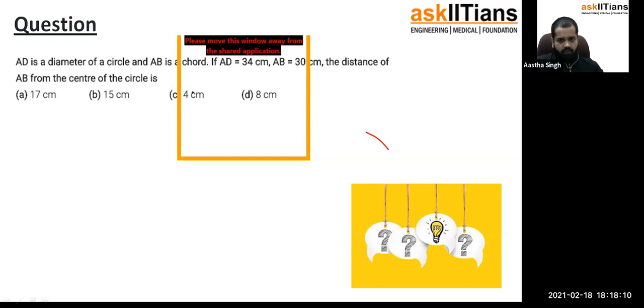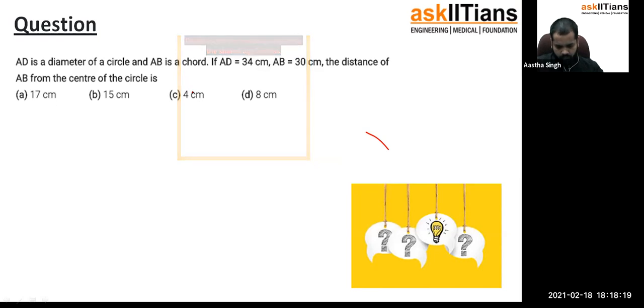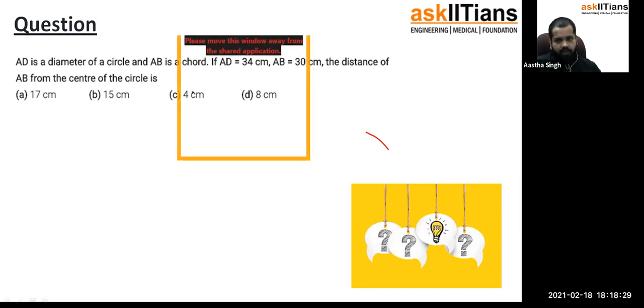Find the distance of AB from the center of the circle, right?